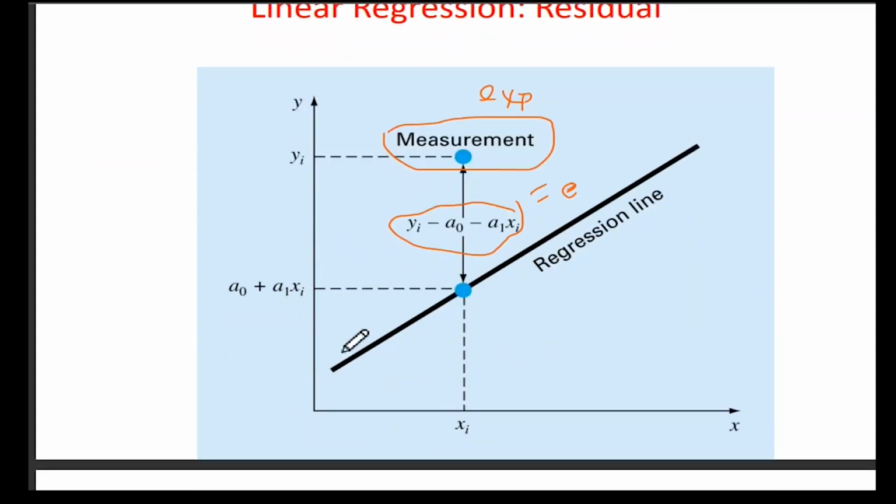What is the value of a1? a1 is the slope of this regression line. And what is a0? a0 is the point where it crosses the y-axis. If you get all this information, what is a0, what is a1, and what is e, you can get your equation. Basically, that's all you need to do: find the slope, the value of a0 and the value of a1, and you can get your regression line.